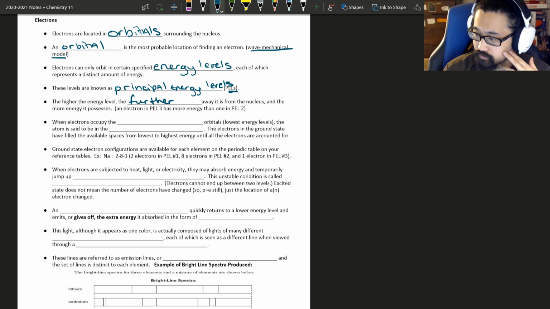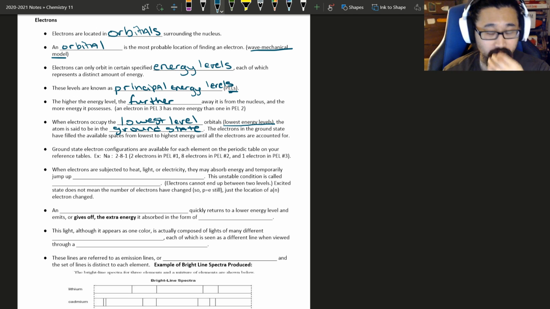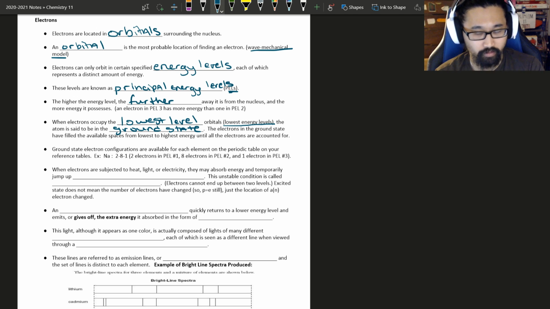Another new thing: when electrons occupy the lowest level orbitals, or the lowest energy levels, then that atom is said to be in what we call the ground state. So the ground state, the lowest level, the ground floor, is when they're all in the lowest possible energy levels.